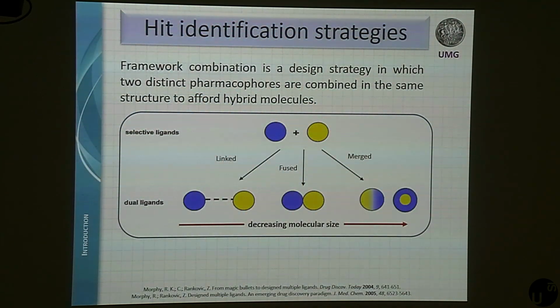How is it possible to combine the positive effects of, let's say, two drugs, that here you see depicted as blue and yellow balls, in one better compound, a multi-target compound?